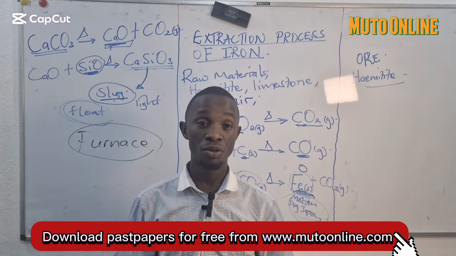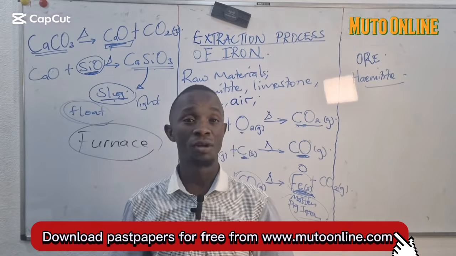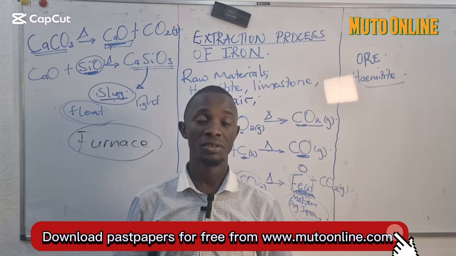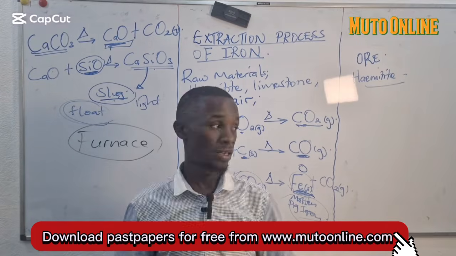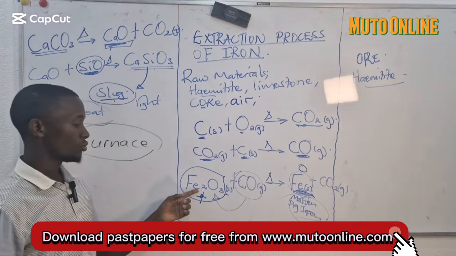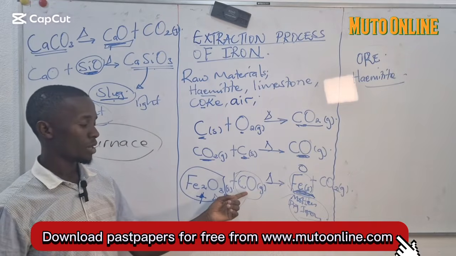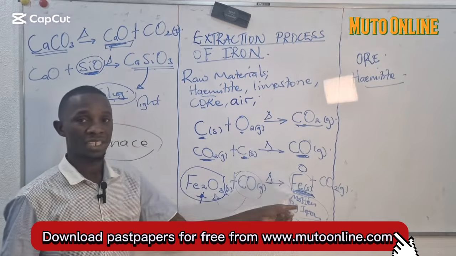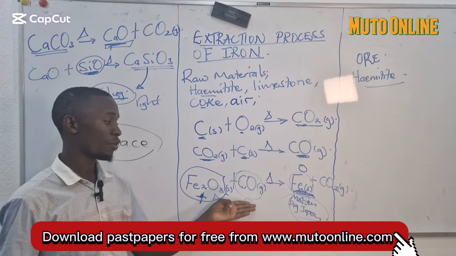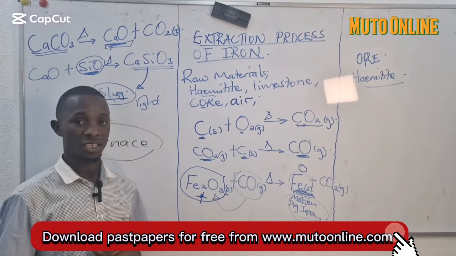There should be all processes that are involved in the production, the conversion step to the product. Like here, it was the reaction between the ore with carbon monoxide, forming the required product, which is iron. So this is the step for conversion to the desired product.